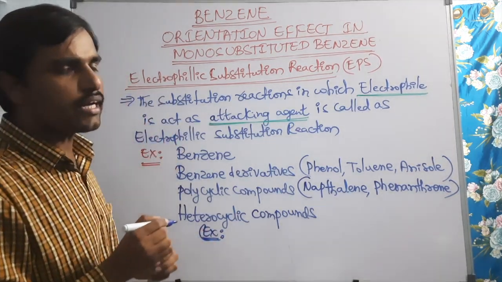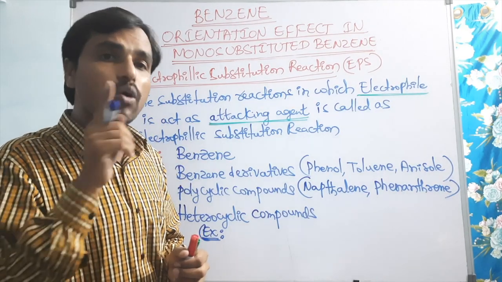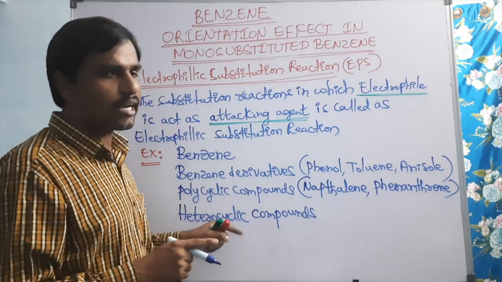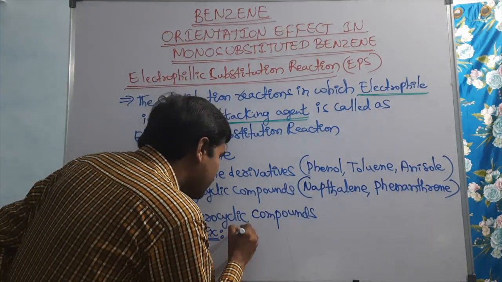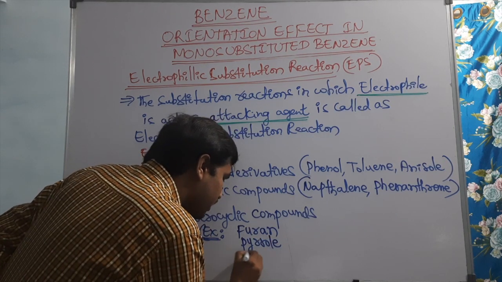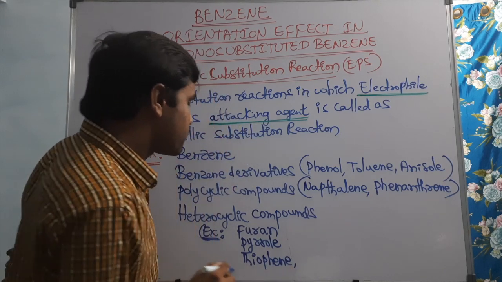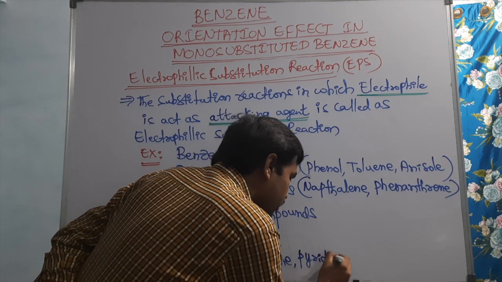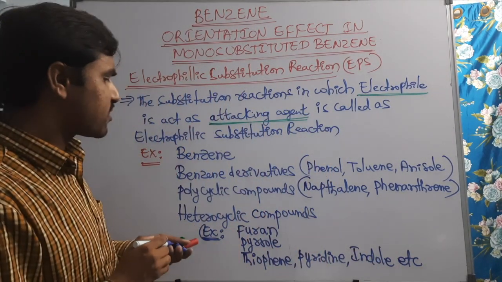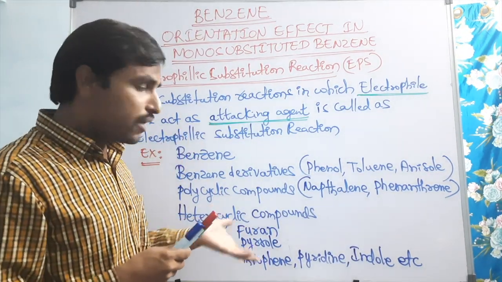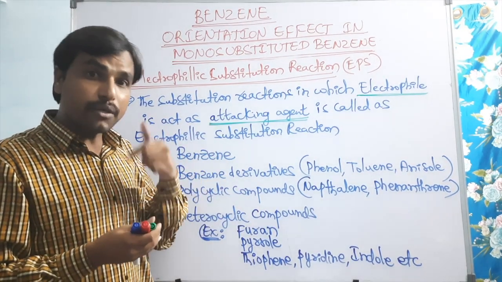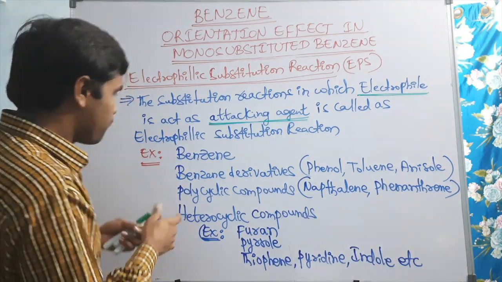Compounds which have at least one hetero atom in addition to carbon atoms are called heterocyclic compounds. Examples are furan, pyrrole, thiophene, pyridine, and indole, very famous heterocyclic compounds. All of these undergo electrophilic aromatic substitution reactions, simply called EAS reactions.